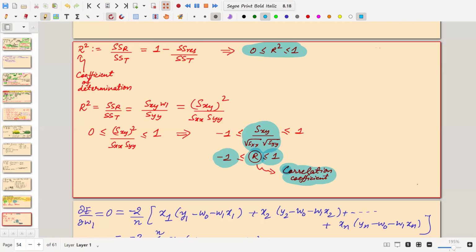Because you have already seen this in your probability class: Sxy divided by root over Sxx times root over Syy. You can look into statistics and probability books for why it is known as the correlation coefficient. If they are positively correlated, it is +1. If negatively correlated, it is -1. If it is progressing towards 1, that means they have a positive correlation.